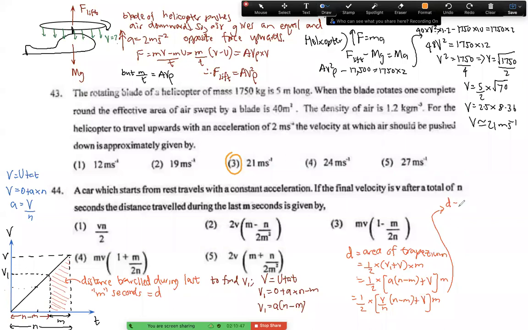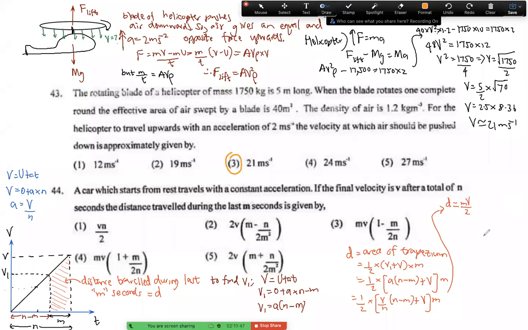I'm getting mv by 2, and inside the bracket we have 1 over n minus m plus 1.